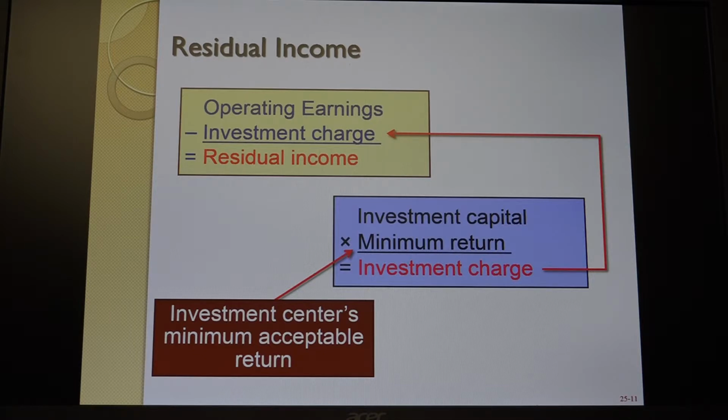And to come up with residual income, you simply take expected operating earnings, subtract your investment charge, and see if you have positive residual income. They have an example on page 1087.